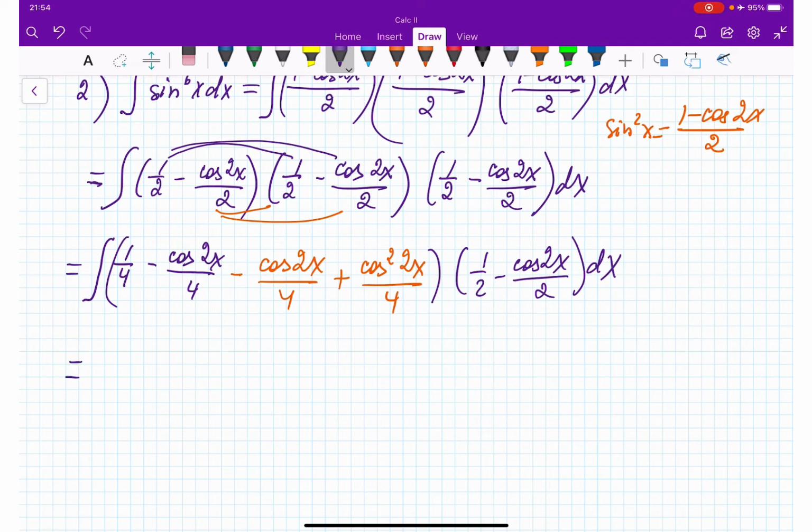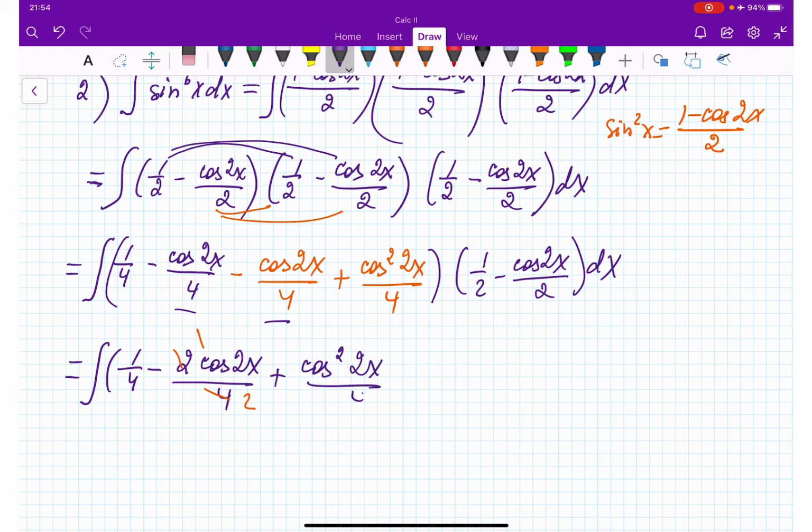Okay, next, equal. Oh, we have here like terms. Let's combine them. What we're going to get, integral 1/4 minus 2 cosine 2x over 4, right? This is going to be 1, this is going to be 2, correct? Plus cosine squared 2x over 4, and then 1/2 minus cosine 2x over 2 dx.